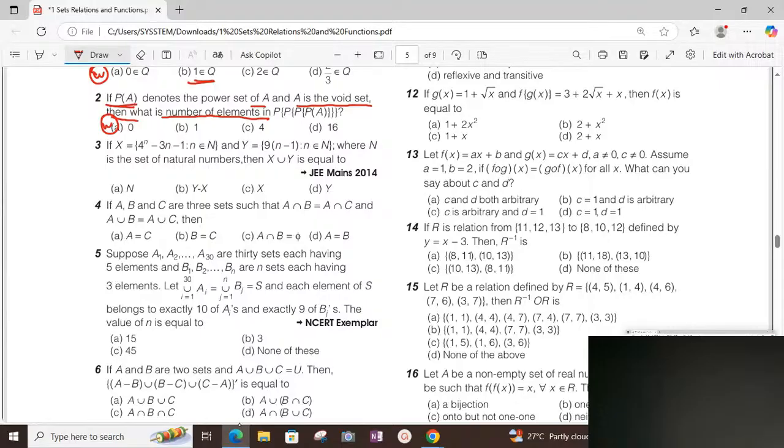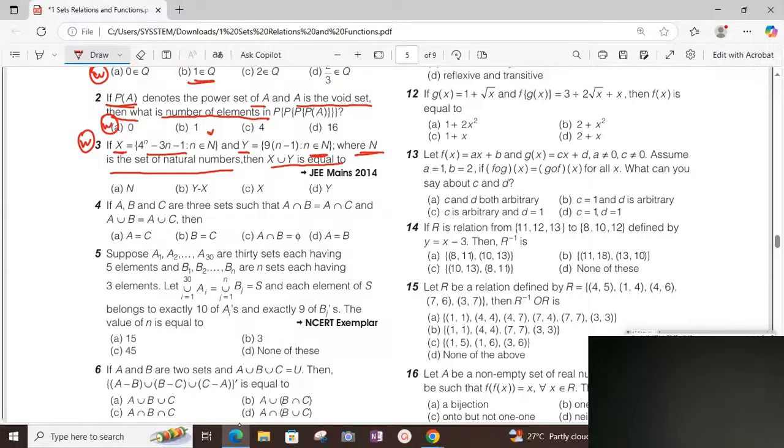Let's see question number 3. X is the set of 4 to the power n minus 3n minus 1, such that n is a natural number, and y is the set of 9 times n minus 1, such that n is a natural number, where N is the set of natural numbers.